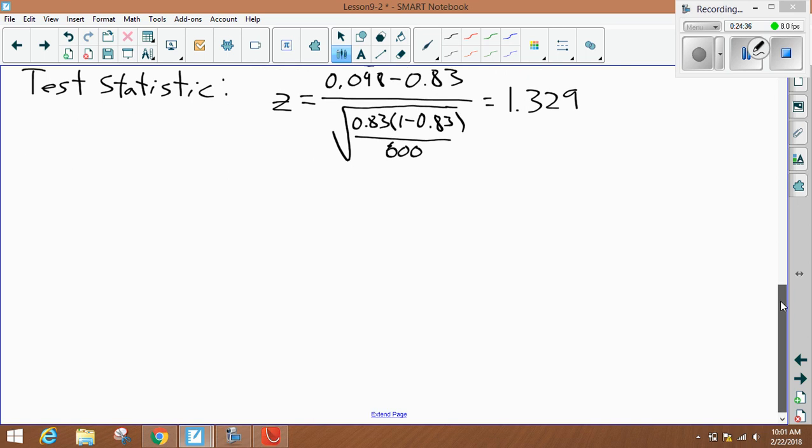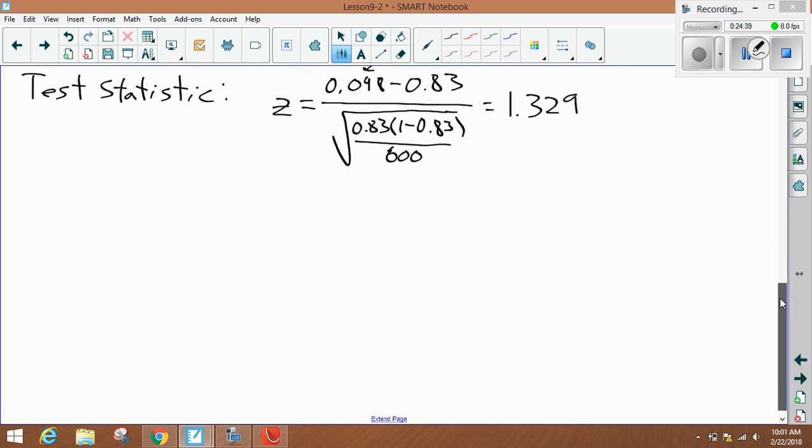So we've calculated that. We need to obtain a p-value. So what are we looking at?